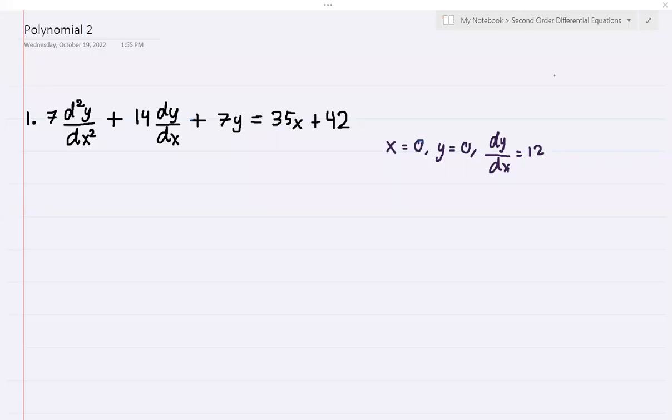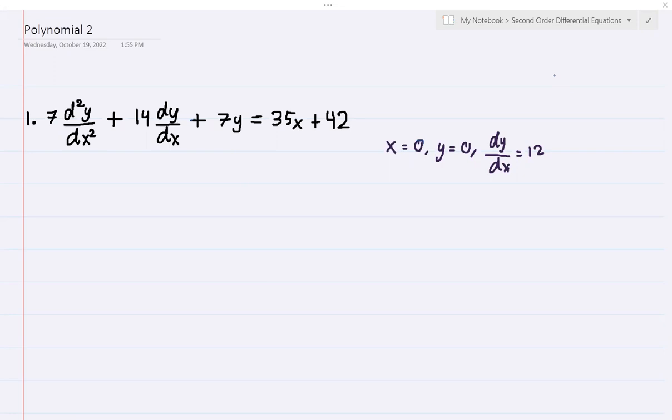So let's have the second part of our recent topic about second order non-homogeneous differential equation, part 2, a given polynomial function. We have only one problem left to solve, which is more convenient than answering two problems.